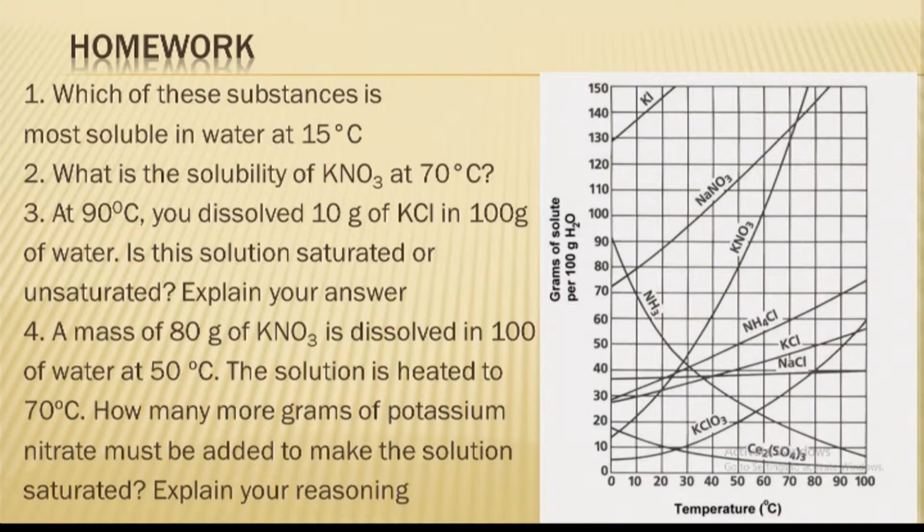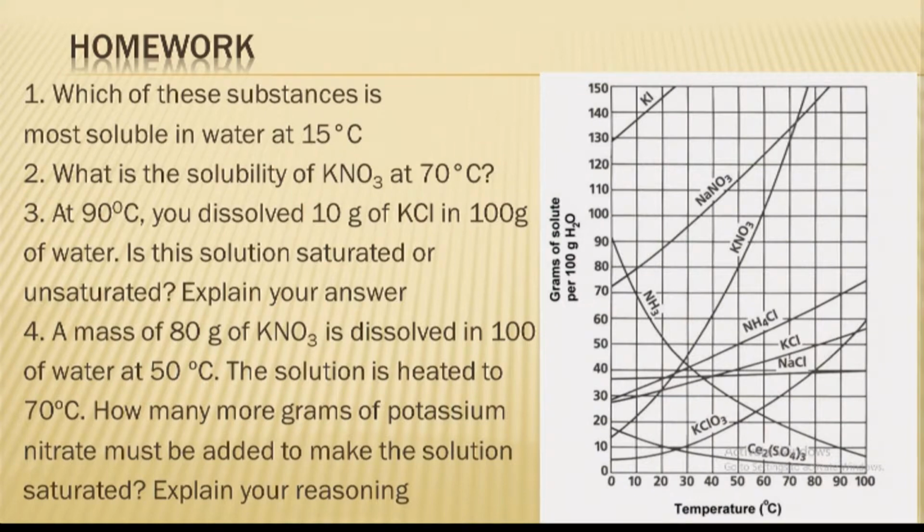And just like how we did it, you will determine the substance which is most soluble at 15 degrees. Number 2, what is the solubility of potassium nitrate at 70 degrees? Potassium nitrate, where is it? It's here. You determine the temperature and you find its solubility at that temperature.